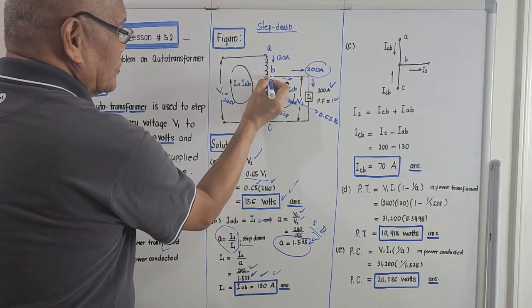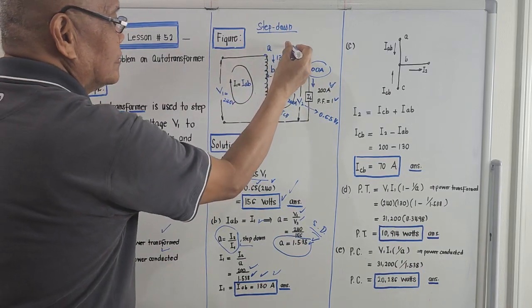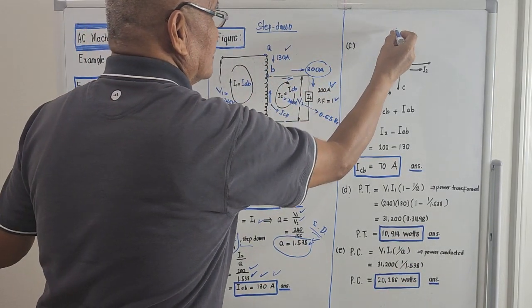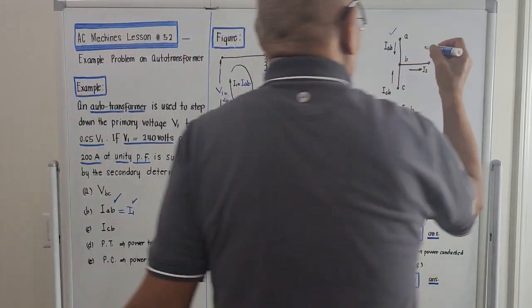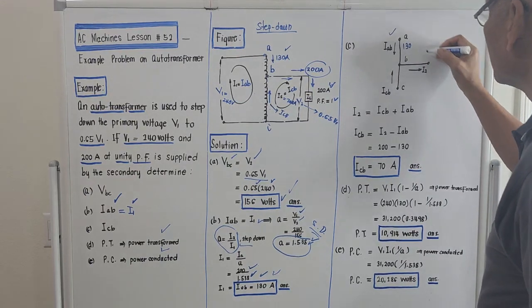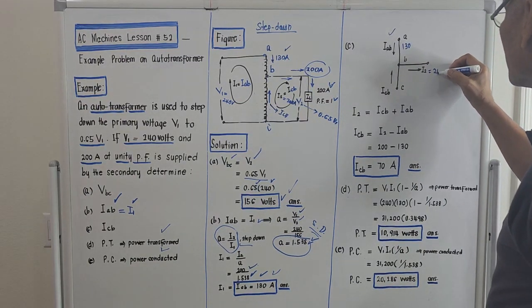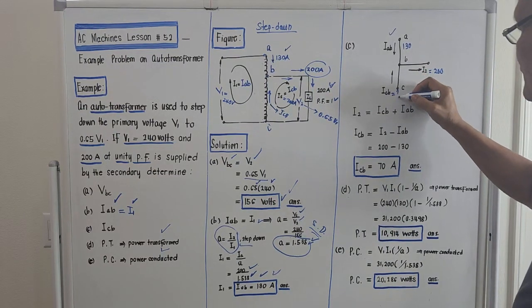So considering this junction here, we know the current entering here is 130. The current going out is 200 amperes, right? And we are asked for the current I sub CB.